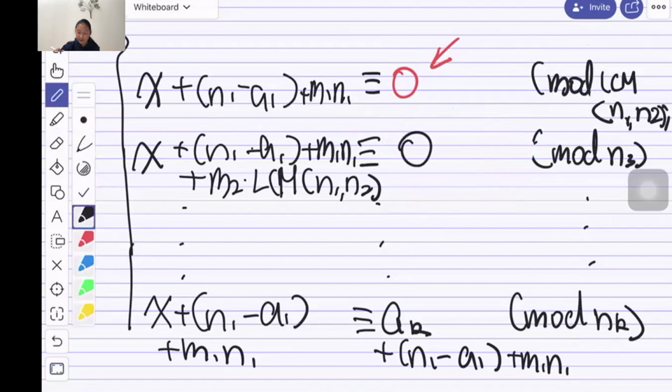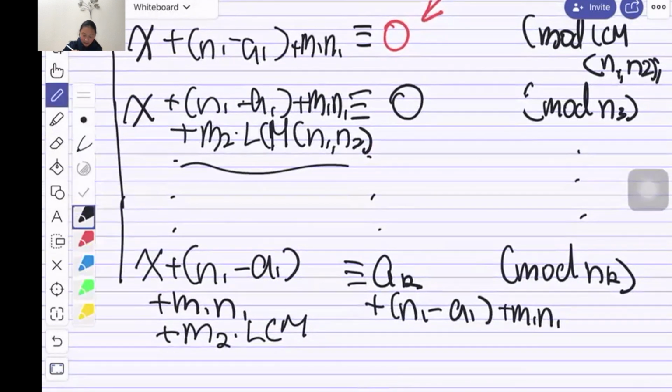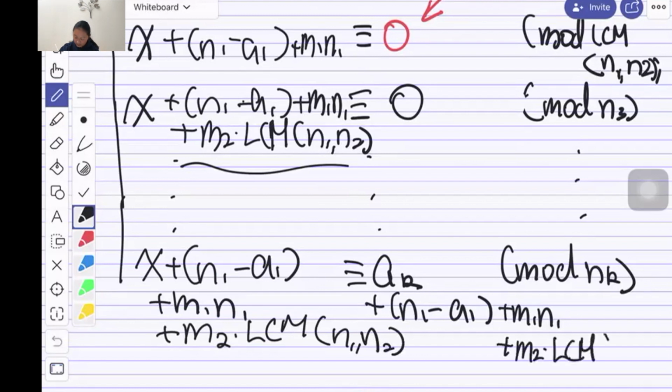Okay, and then remember, you have to add the other things over here, down here. So we're going to add m2 times the LCM of n1 and n2, and we're also going to do that over here.